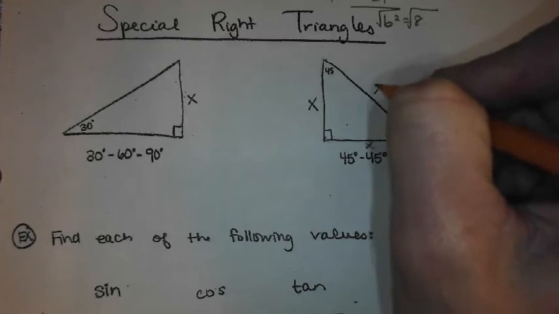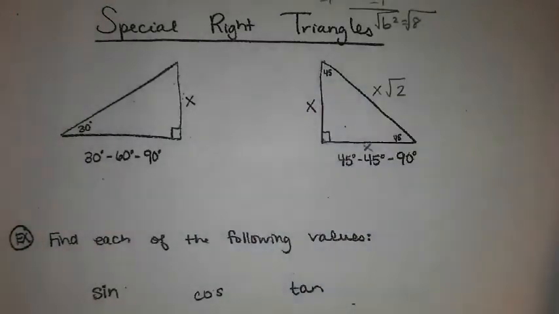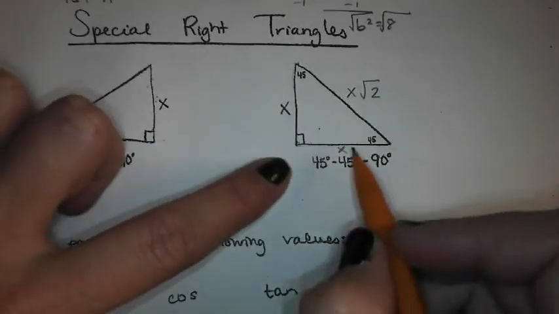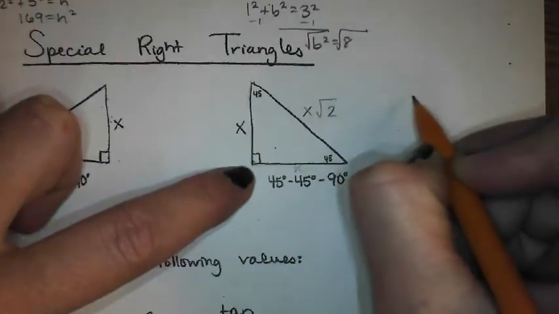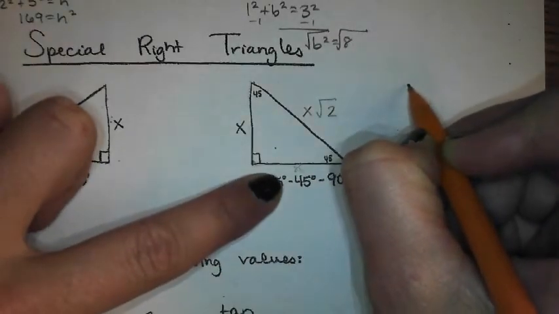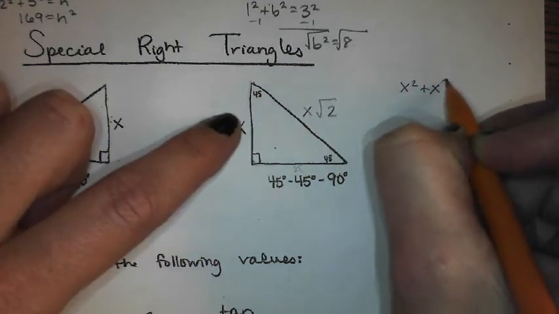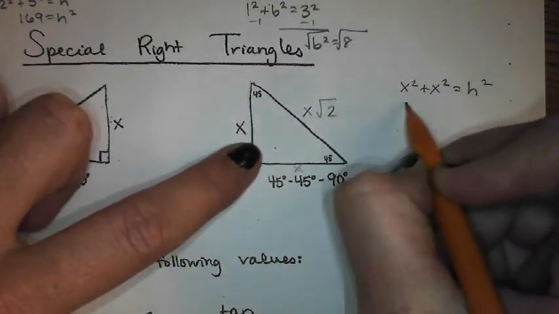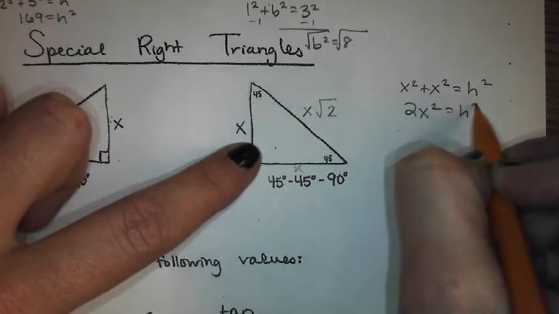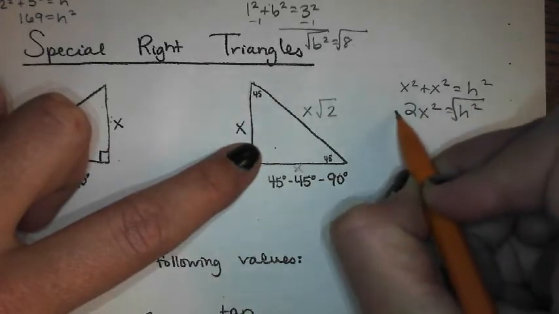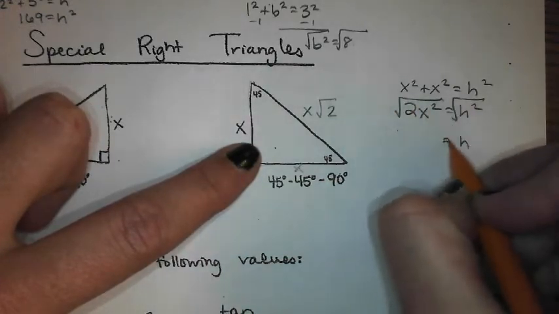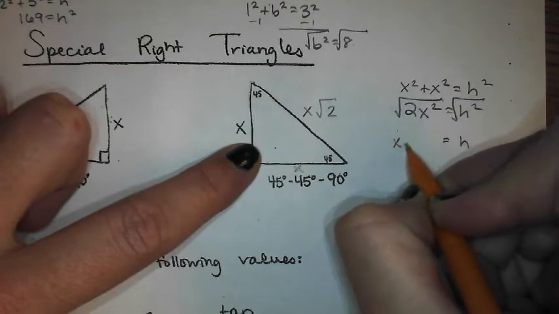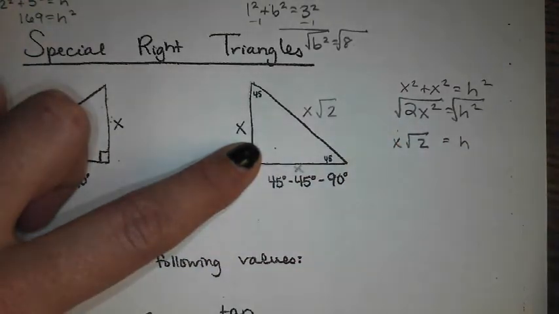X root 2, correct. Now, if you didn't know that, this one is one that you can sort of derive on your own from the Pythagorean theorem again. X squared plus x squared equals hypotenuse squared. And you get 2x squared equals hypotenuse squared, square root both sides, and so h equals x root 2 when you reduce that radical.